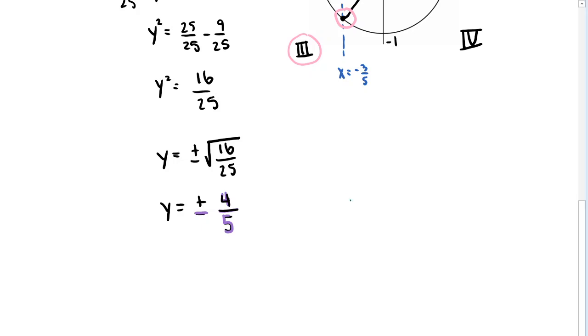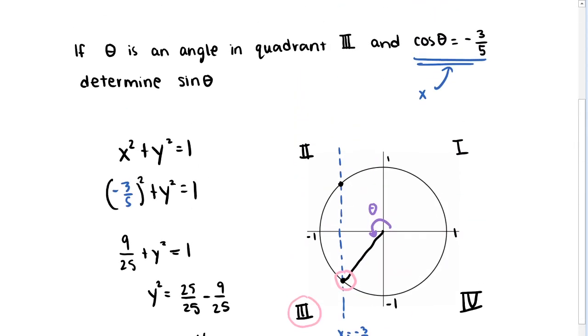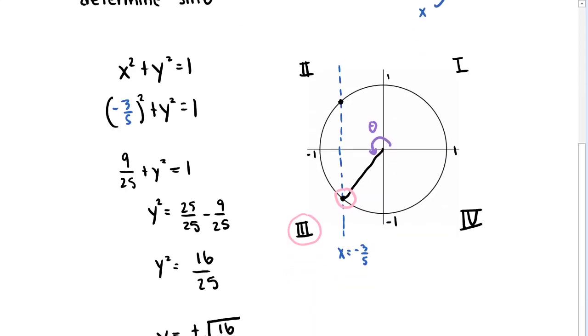And so that tells us that sine of theta, the y coordinate of this point, is negative 4 over 5. We actually didn't even need to know the angle here. We just needed to know its x coordinate, and we needed to know what quadrant that angle was in. That was enough information to figure out sine of that same angle.